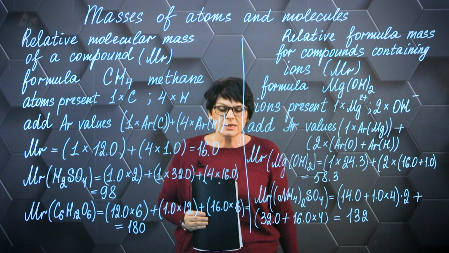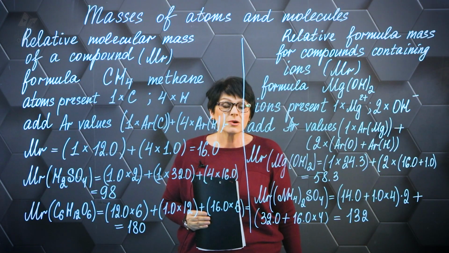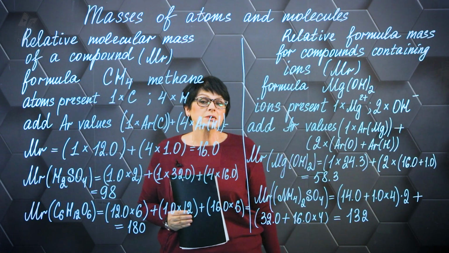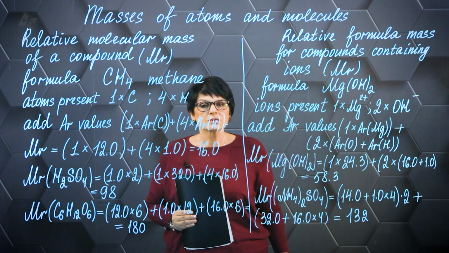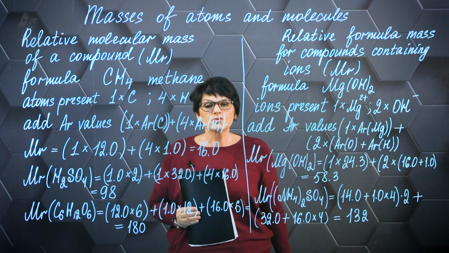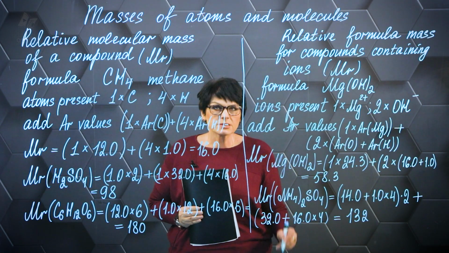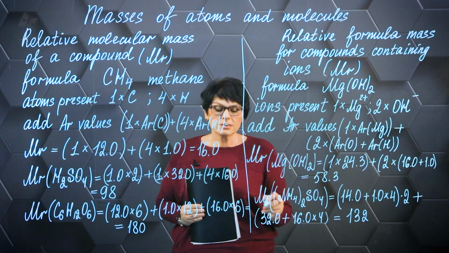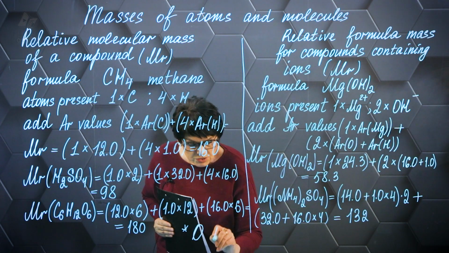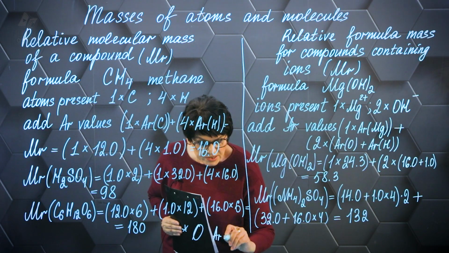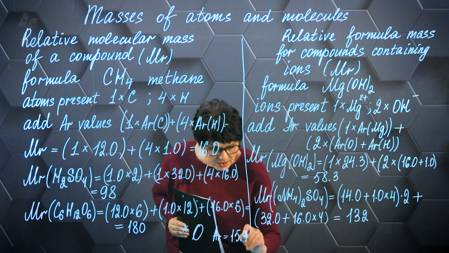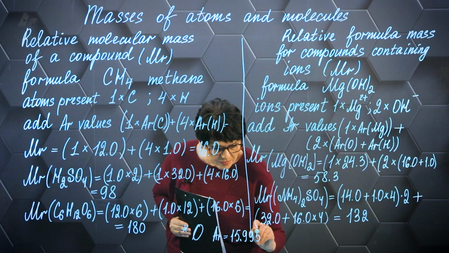Once again, I emphasize, sometimes such calculations should be made more accurately. And if this is a necessary condition, then you can take the relative atomic masses of each element from the periodic table with the number of digits after the dot that are presented in the periodic table. I'll explain, for example, for oxygen. If we take oxygen, its mass expressed in the periodic table looks like, to be precise, 15.9994.